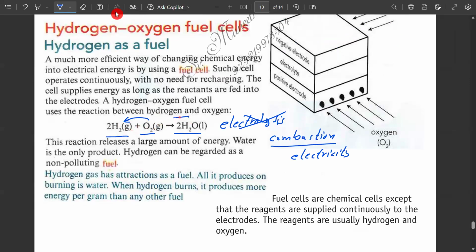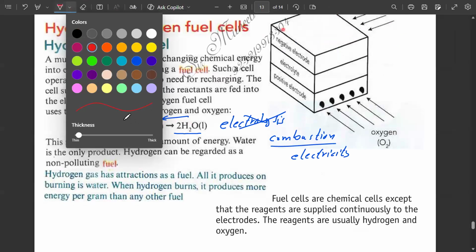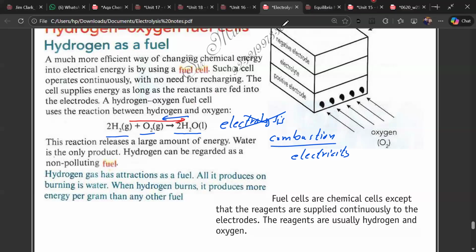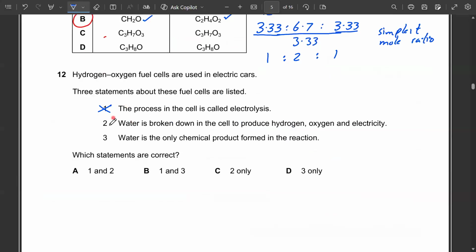It is not from water to hydrogen and oxygen. Instead, it is from hydrogen and oxygen towards water. The correct direction is from left to right. Combustion of hydrogen to make water. So it's not the decomposition of water into hydrogen and oxygen. That's why the second statement is also incorrect.